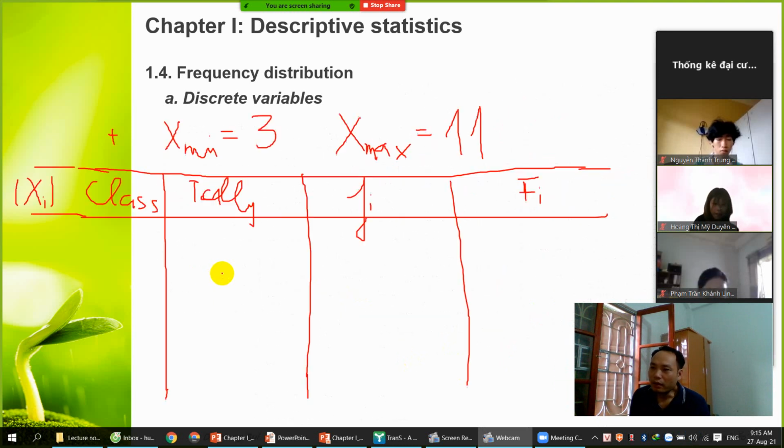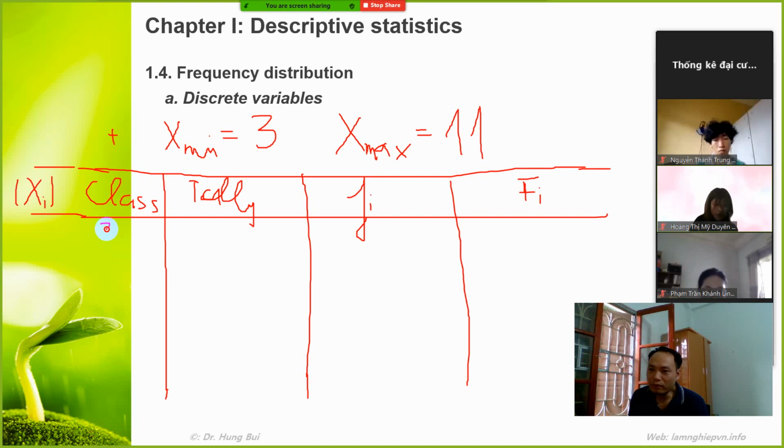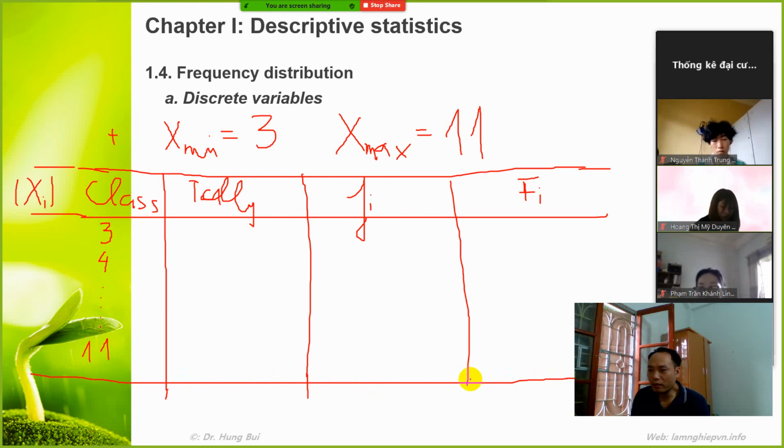Okay, so now come back to here. For the first column, class, please write from the minimum value to the maximum, like that. And the final row is the total. So draw it for me.